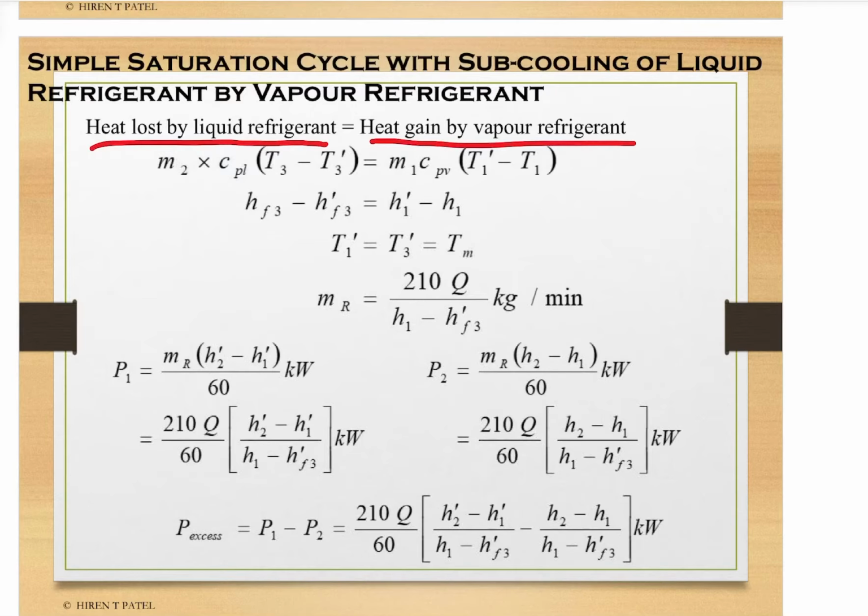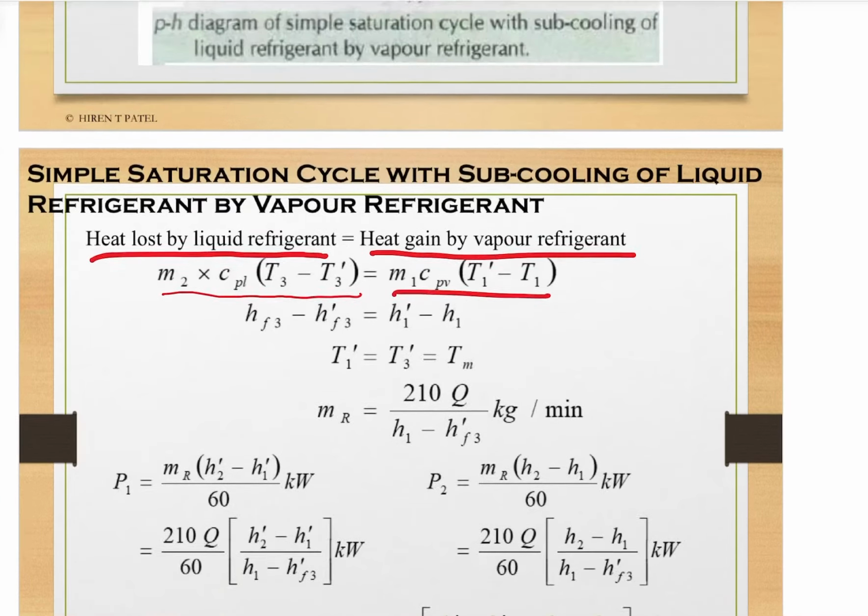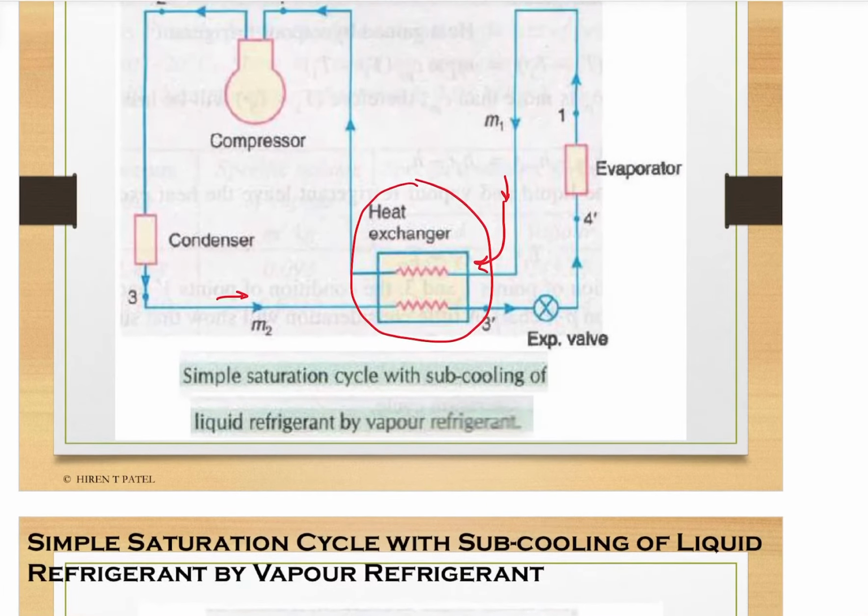by the vapor refrigerant. So heat lost by the liquid refrigerant is M2 into Cp (T3 minus T3 dash), with specific heat of liquid Cp, and M1 Cp (T1 dash minus T1), both are equal. So mCp delta T is equal to mCp delta T. Okay.